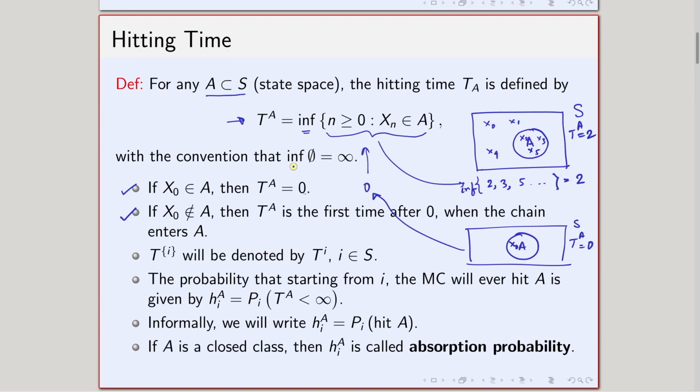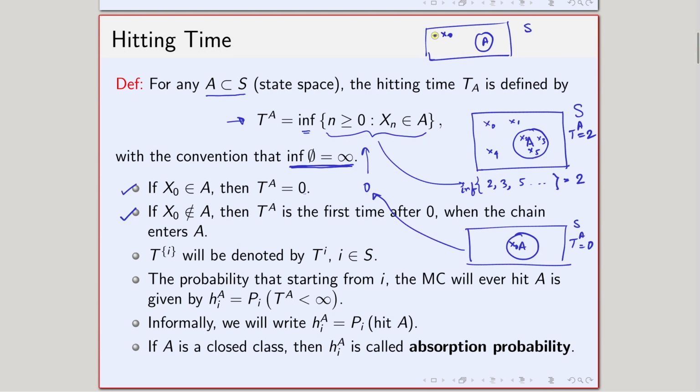Now, you see that I have written one convention here, that infimum of the empty set phi equals infinity. Why do we need this convention? Suppose this is my S and A is here, and the chain starts from some state X_0 from which I cannot go to A. Any state in A is not accessible from this particular state.